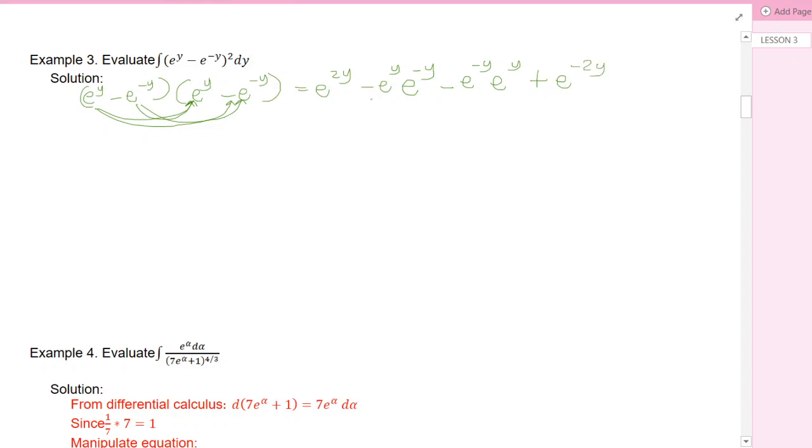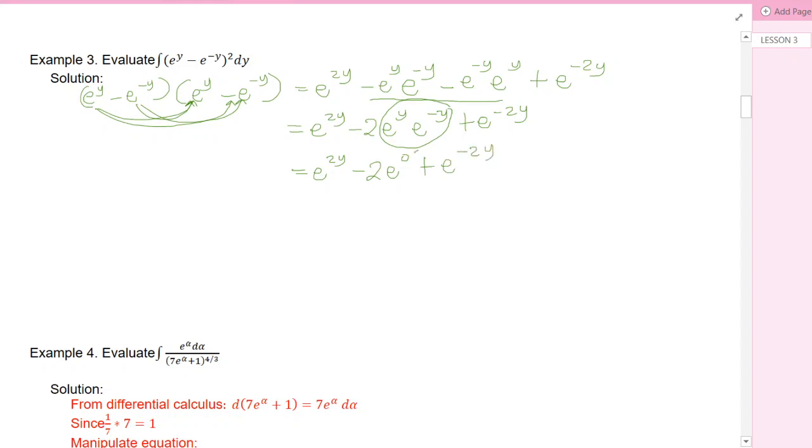Okay, let us just combine these two, that is equal to e raised to 2y minus 2e raised to y times e raised to negative y plus e raised to negative 2y. And class, for this one, y minus y is e raised to 0, so that is equal to e raised to 2y minus 2 e raised to 0 plus e raised to negative 2y.